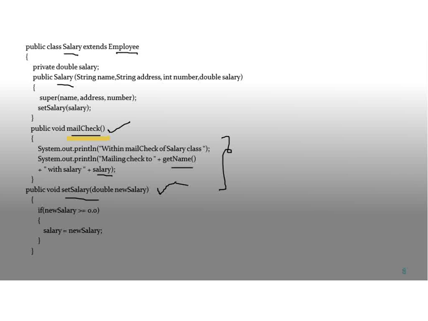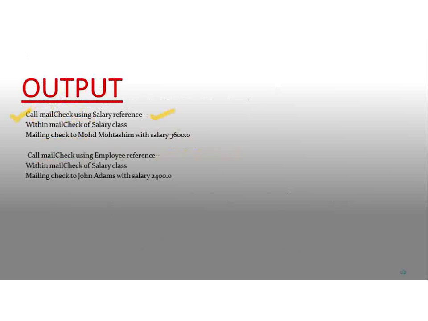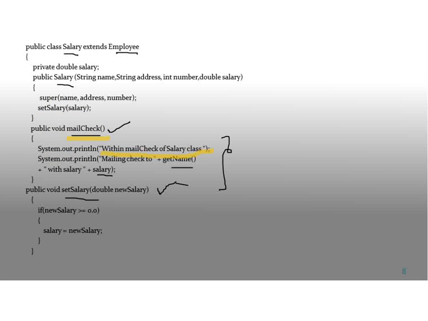Then the mail check method of the salary class is called. Inside salary class we have this method, and what is the first statement? Within mail check of salary class. So this statement will be printed.